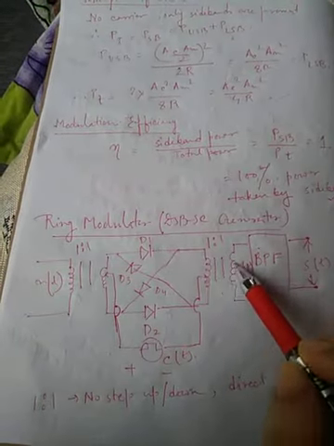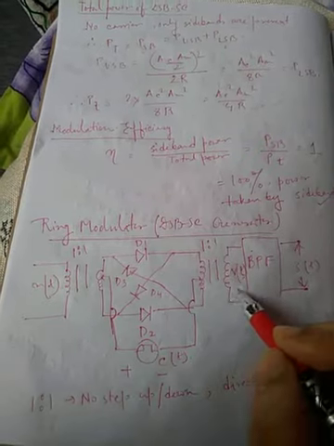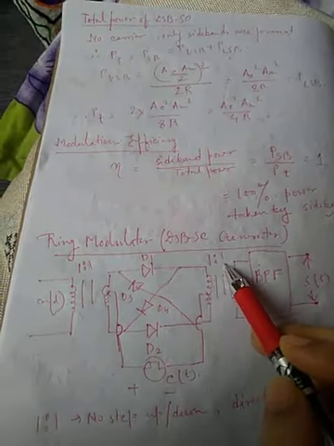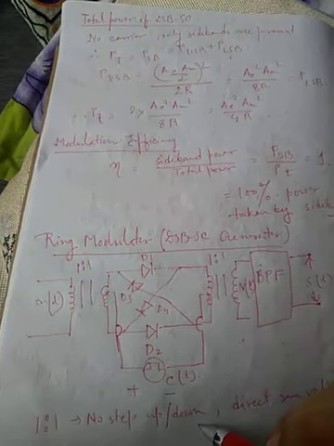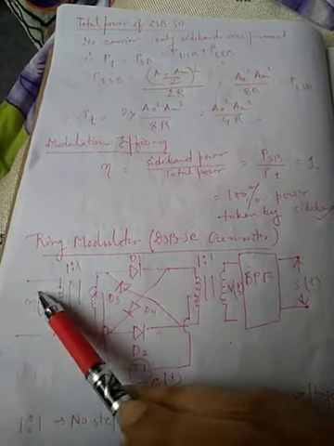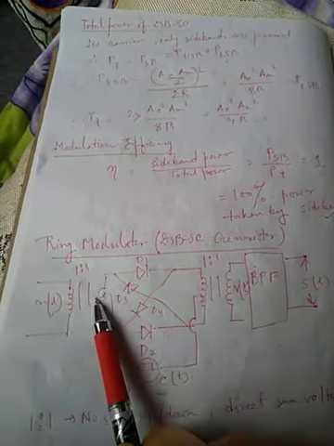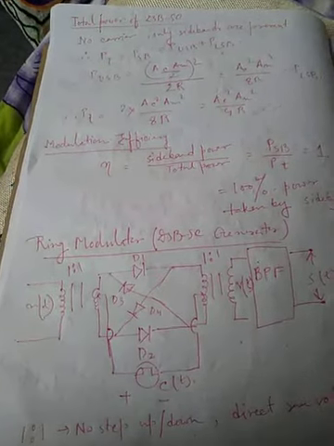On the output side there is another transformer, also 1:1. What does this 1:1 mean? That means it is neither step up nor step down. Whatever voltage we apply here will be transferred directly through this coupling.